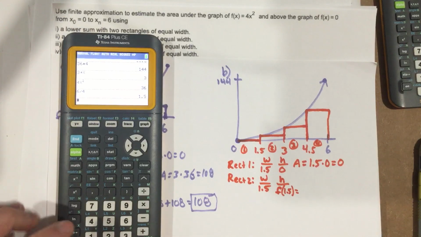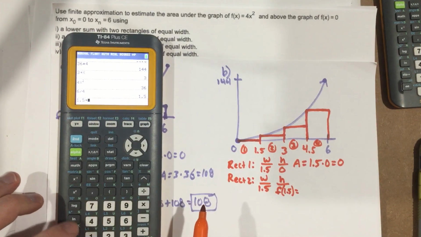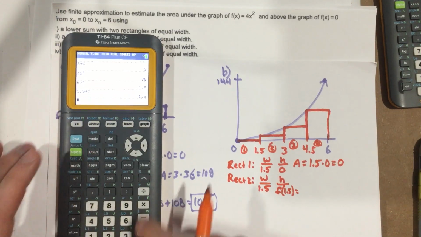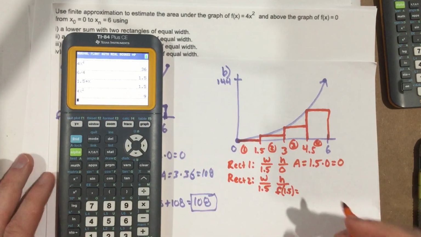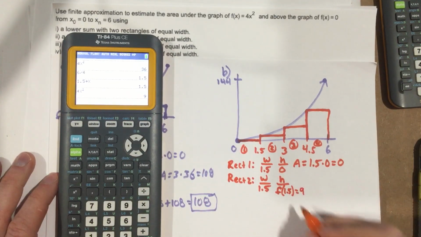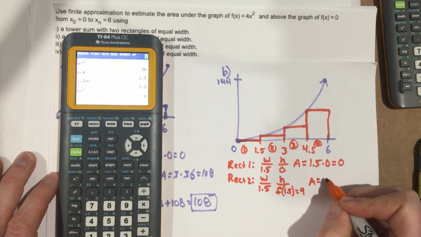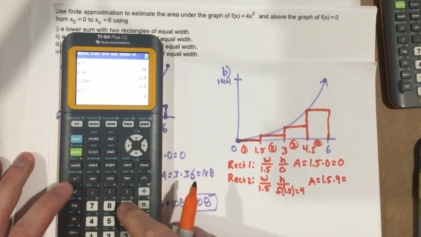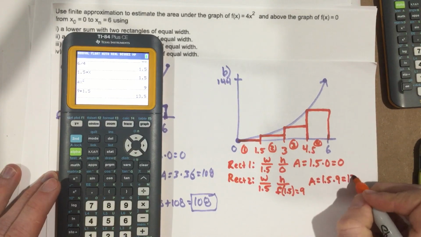So if we do f of 1.5, again, 1.5, store it as x, and go up and grab 4x squared. That's 9. So the height there is 9. So the area is 1.5 times 9, which is 13.5.